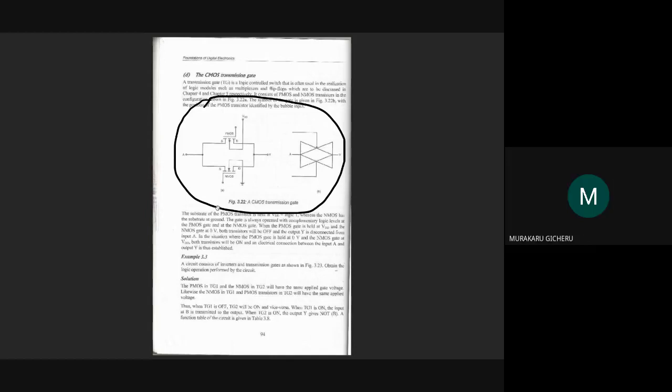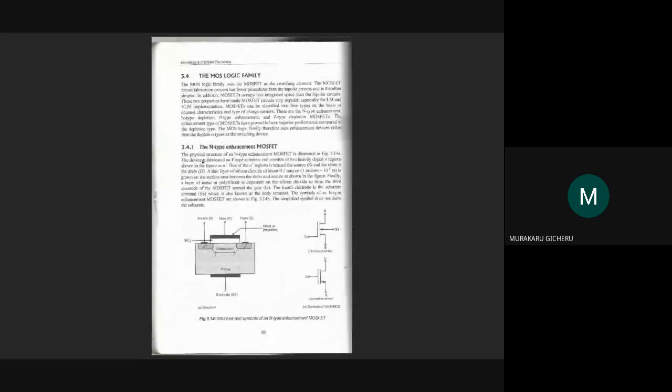Right, okay. So here's an N-type enhancement MOSFET. When it's in enhancement mode, the source and the substrate will be connected to ground.